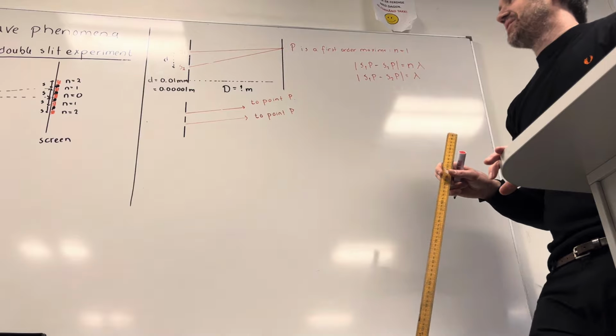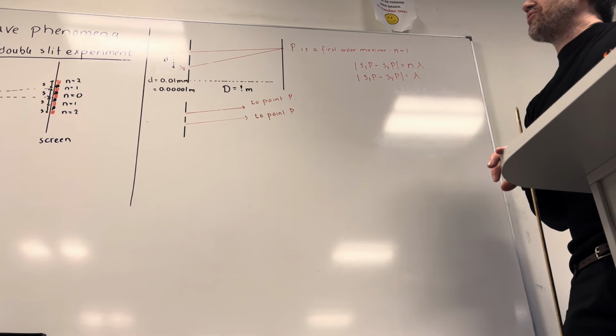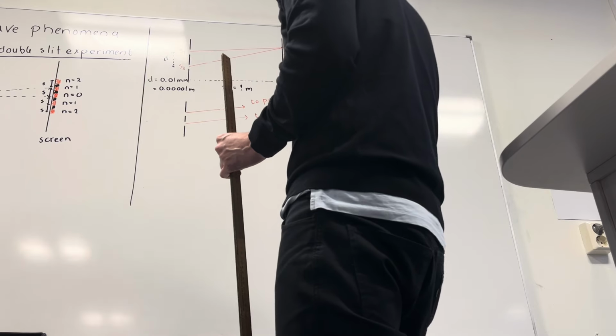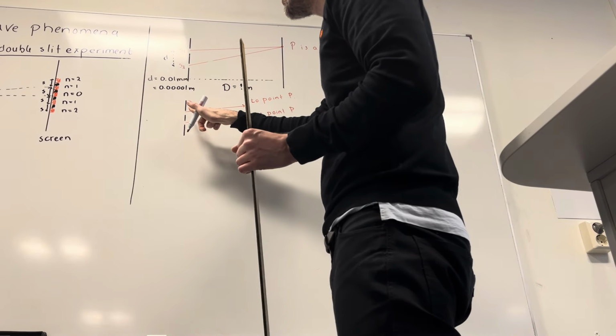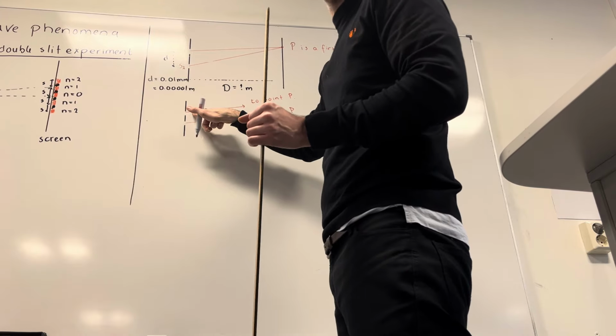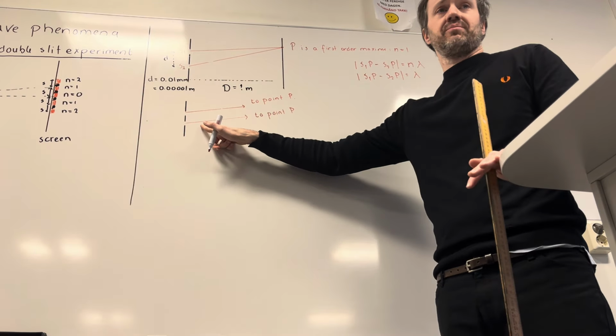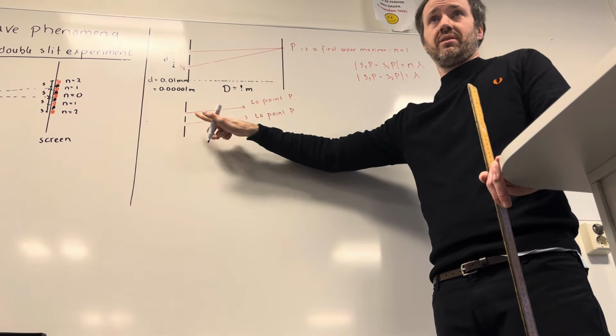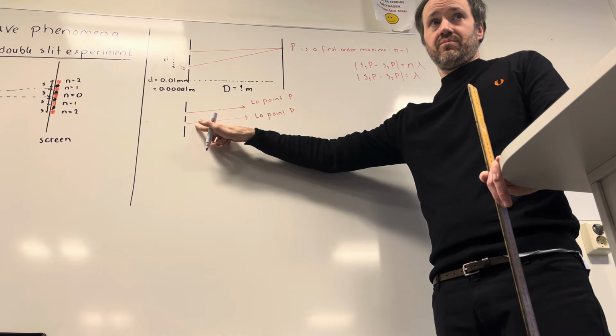So I have to then find the distance between these two paths. This one travels a little bit shorter than this one. Do you agree on that? This one here takes a bit shorter trip than this one here. But they don't end up in the same place.